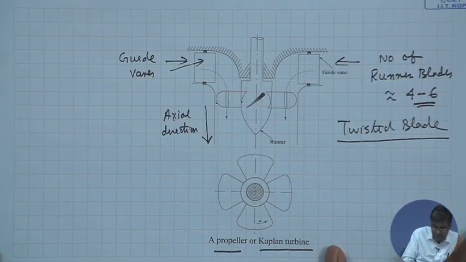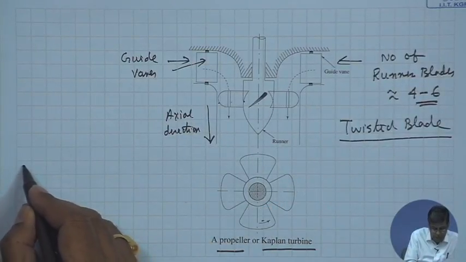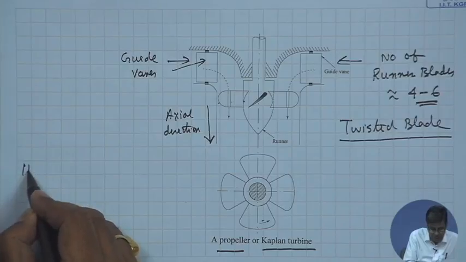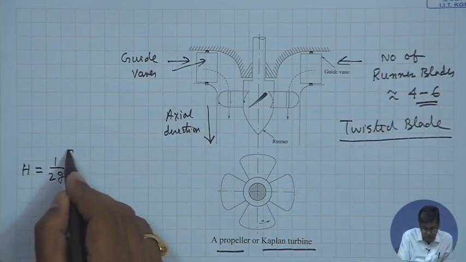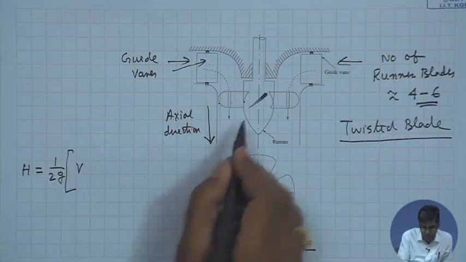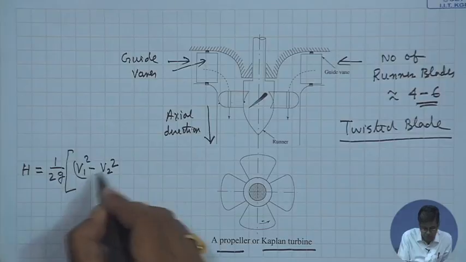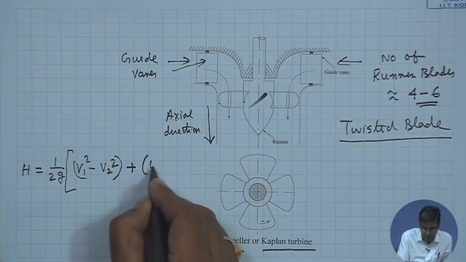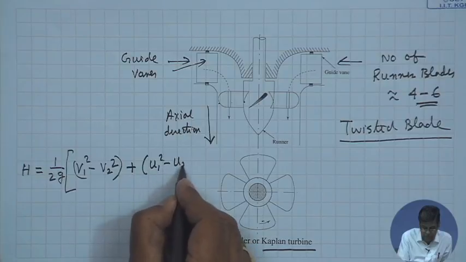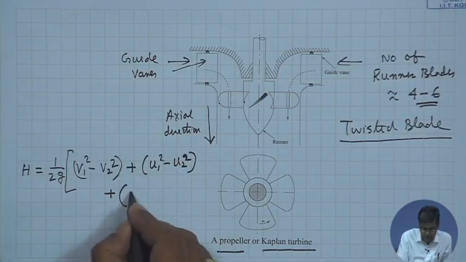Now, after this, just recall one thing: the head, that is the energy per unit weight, imparted to the rotor by the fluid is 1 by 2 g, V1 square minus V2 square, plus U1 square minus U2 square, plus VR2 square minus VR1 square.